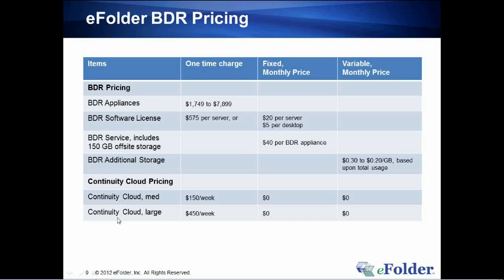Yes, but we provision the medium or large nodes for a 1 week chunk, so you can't switch from one to the other midweek. But it's perfectly valid to, say, do a quarterly test cycle with all of your clients and use a medium node for a week-long period. And then if you had an outage where you needed to, say, virtualize 10 or 20 client servers, you could do that in the large continuity cloud node later.